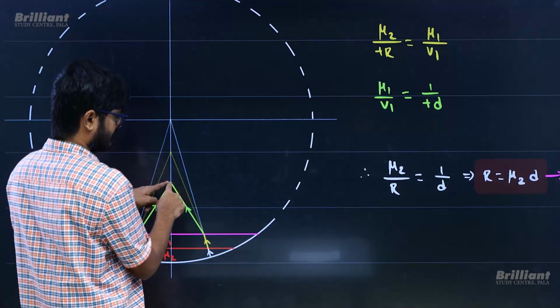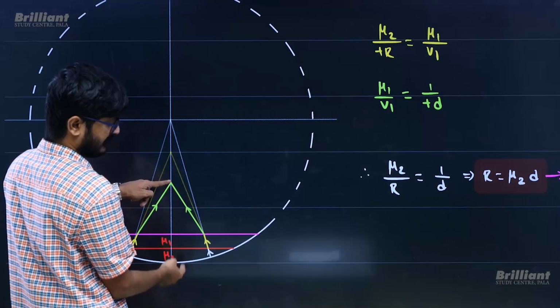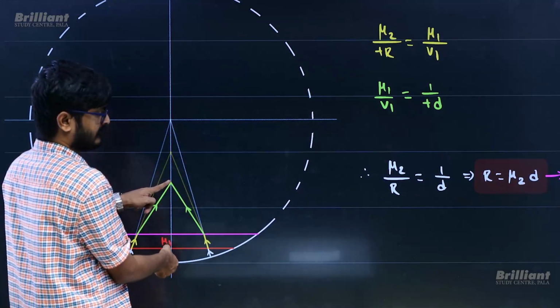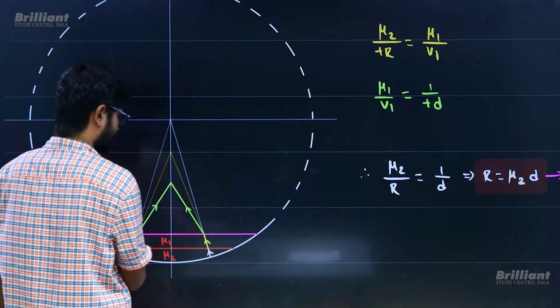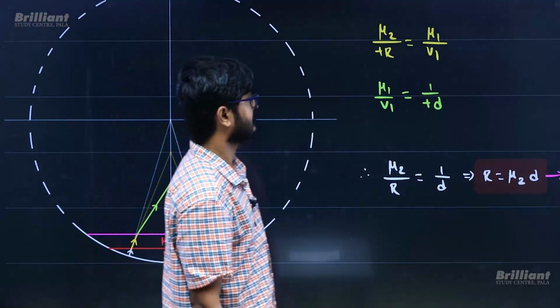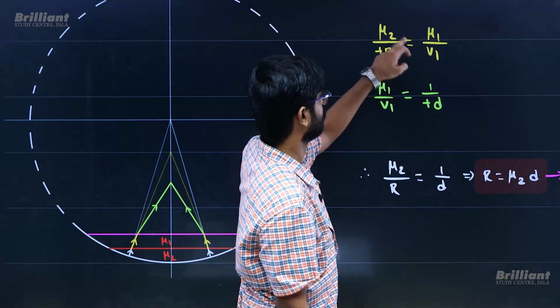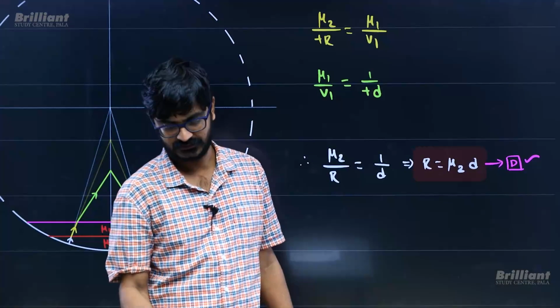They said the object is placed at a distance d such that the image forms at the same point. These layers are all thin, they said. So this is the refraction at the first surface, and this is the refraction at the second surface. Now we need to find the radius of curvature. I can say these two are equal, so I can equate them and I will get the answer.